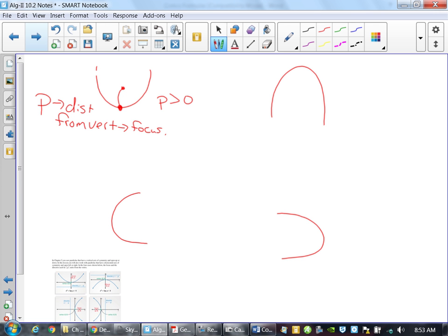It's going the other direction. So the opposite of p is the distance from the vertex to the directrix.